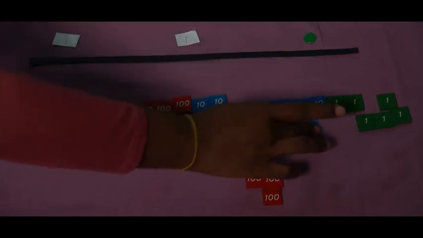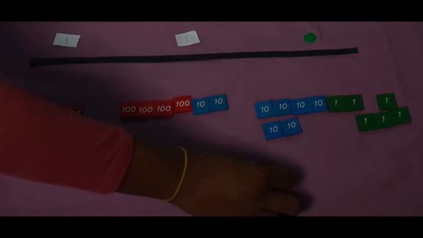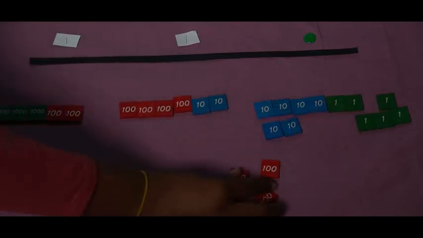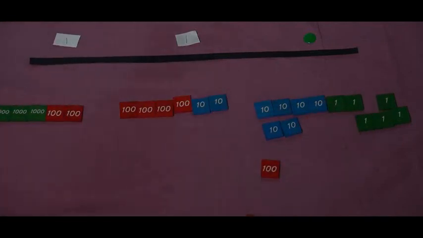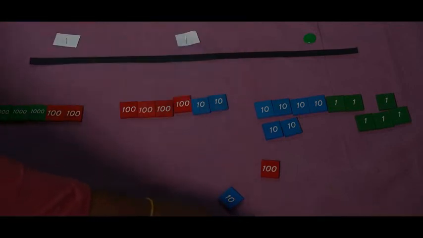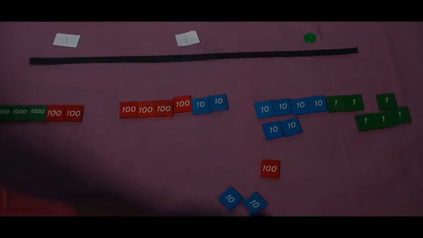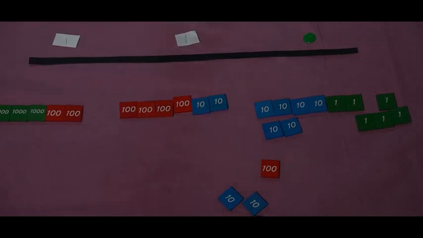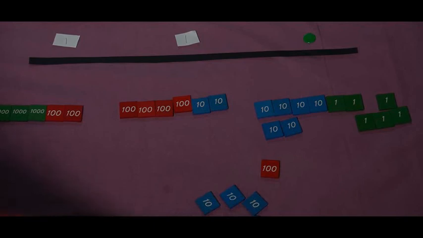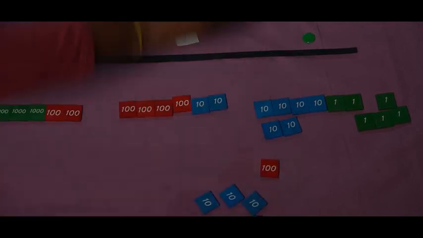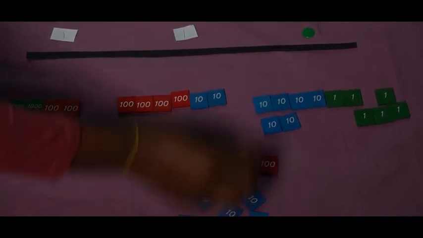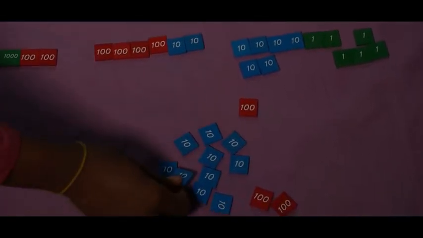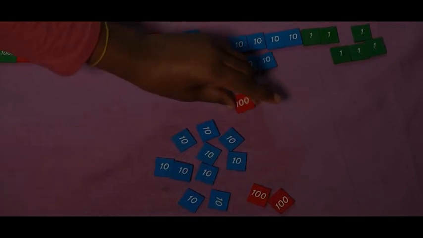One. That's to change 100 for 10. 110, 2 tens, 3 tens, 4 tens, 5 tens, 6 tens, 7 tens, 8 tens, 9 tens, and 10 tens.